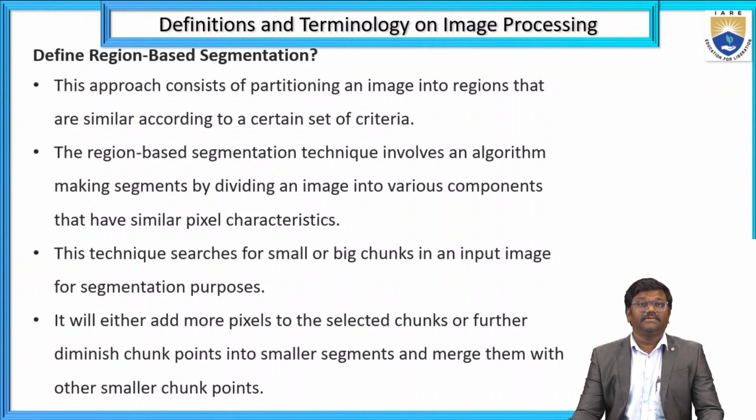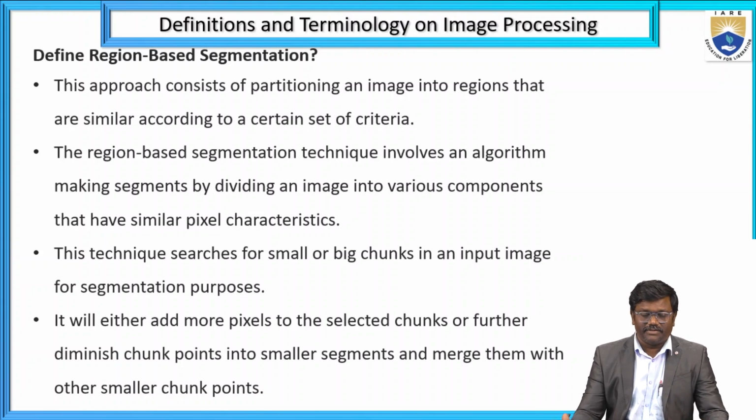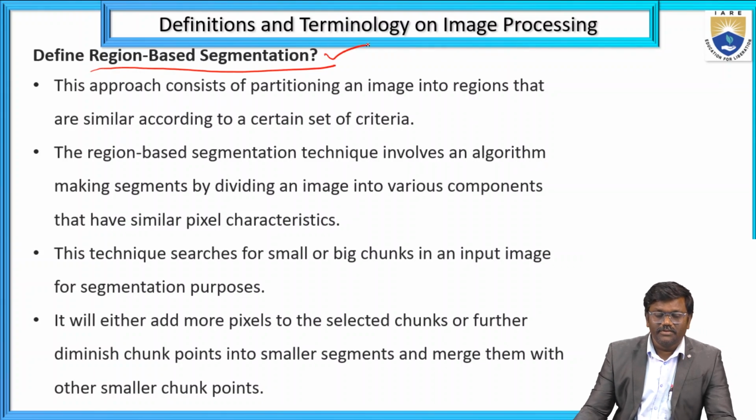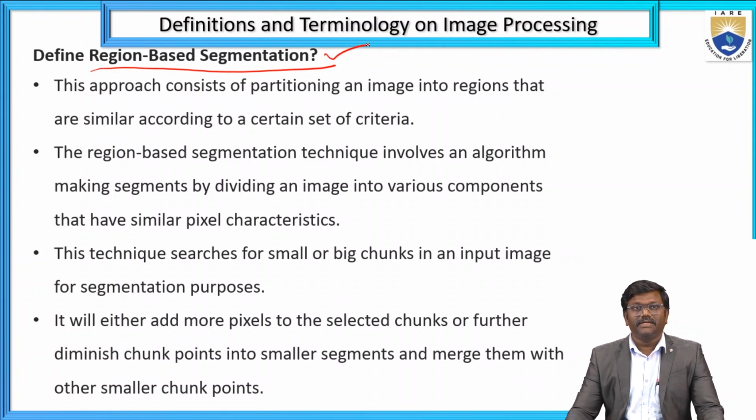For line detection here, we simply define region-based segmentation. The region-based segmentation approach consists of partitioning an image into regions that are similar according to a certain set of criteria.